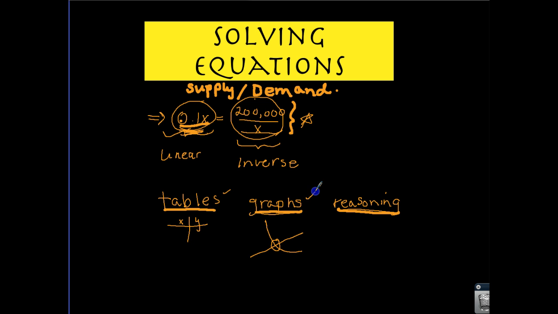You can either use a graphing calculator or you could use Desmos, and all you would do is put the 0.1x into one box, and in the other box put the 200,000 divided by x, and you would find out where these two things cross. Again, think about what is reasonable, what is easiest for you to do.